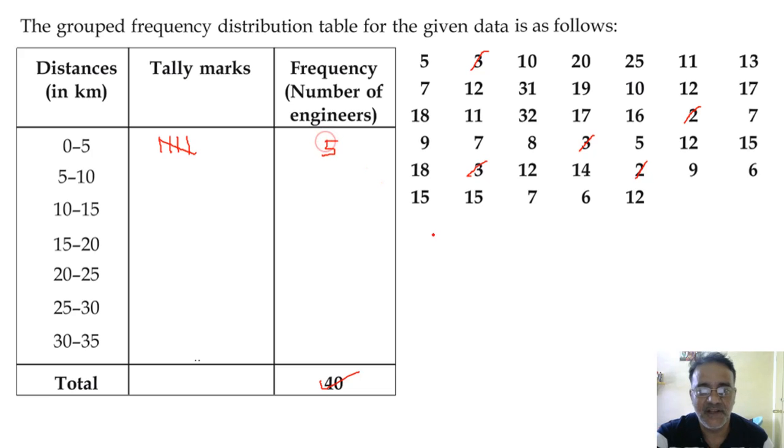Okay, 5 to 10: we can include 5 but not 10. Okay, so we'll start with the first row. 1, second has 1.